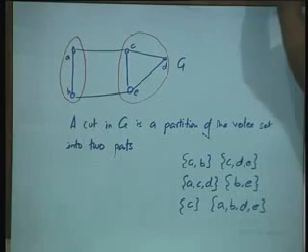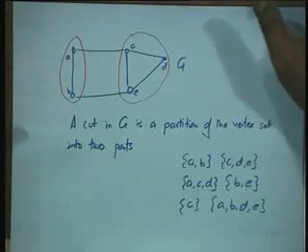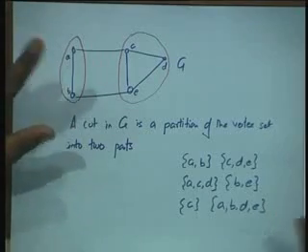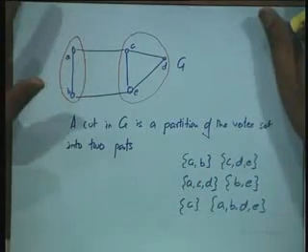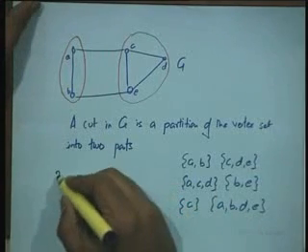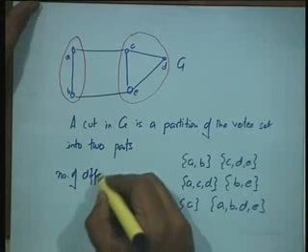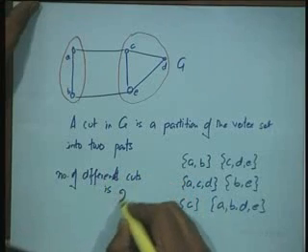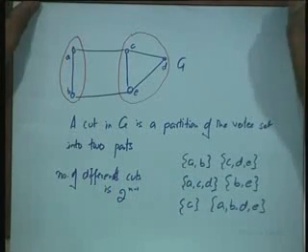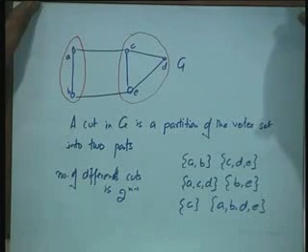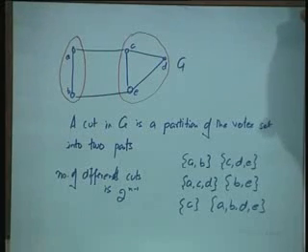But each possibility is repeated twice: once A, B go on the left side and C, D, E on the right, and the other time C, D, E go on the left and A, B on the right, but the partition is the same. So the number of different cuts is 2 to the n minus 1. Minus 1 also? Oh okay, you are talking of the null partition.